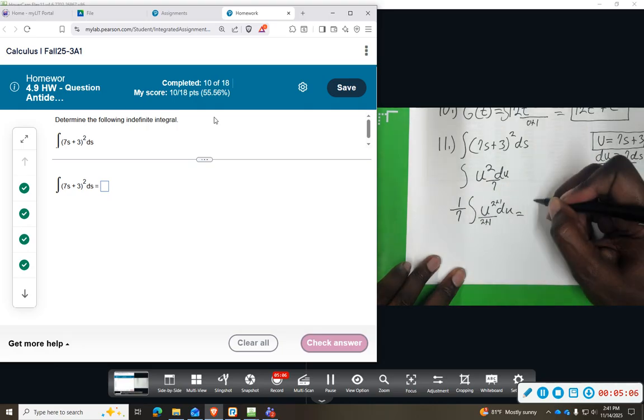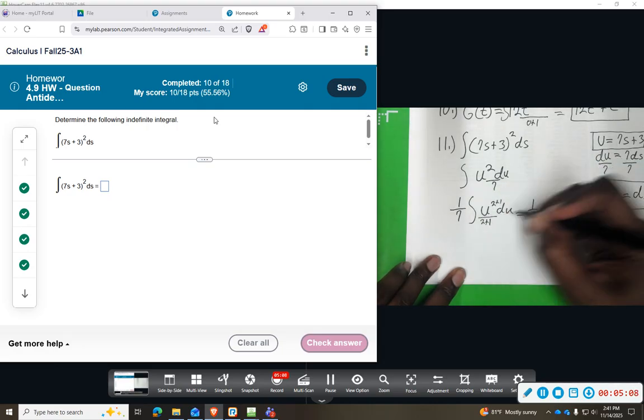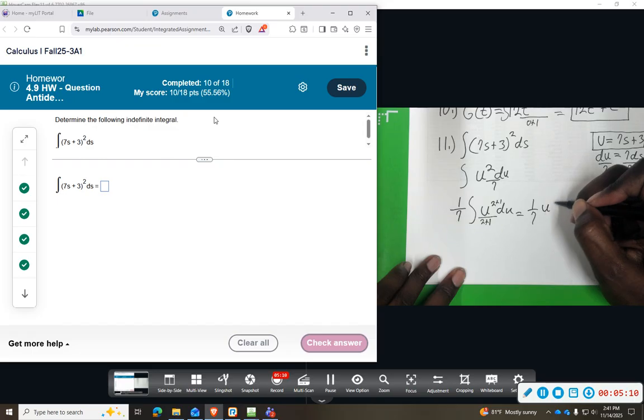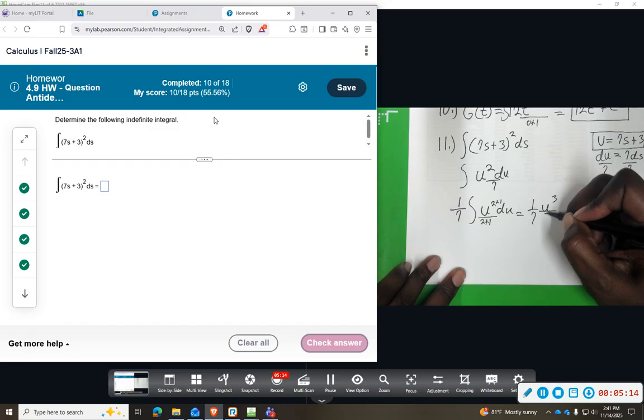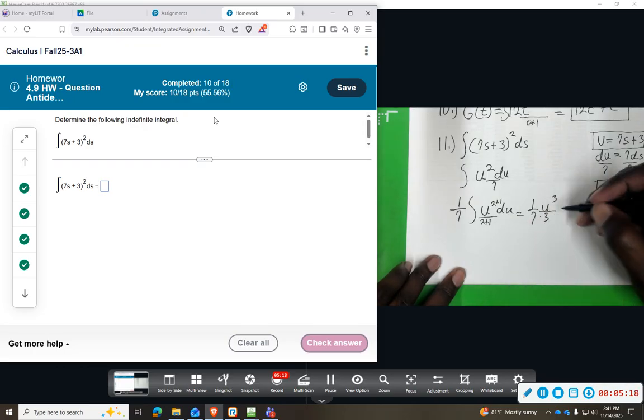So this 1 over 7 is out there, and this is u to the third divided by 2 plus 1, which is 3. So we'll multiply that 7 and 3. They're both on the bottom. So we end up with u to the third over 7 times 3, which is 21.